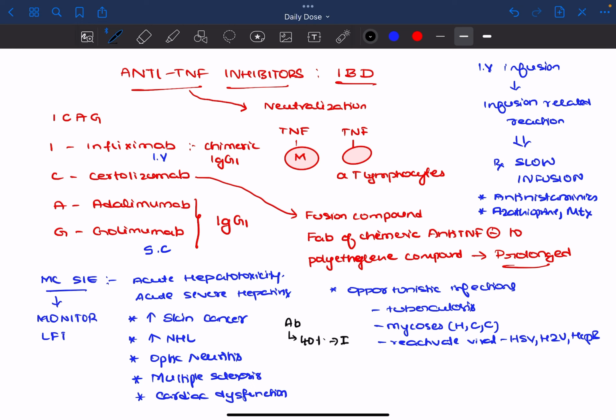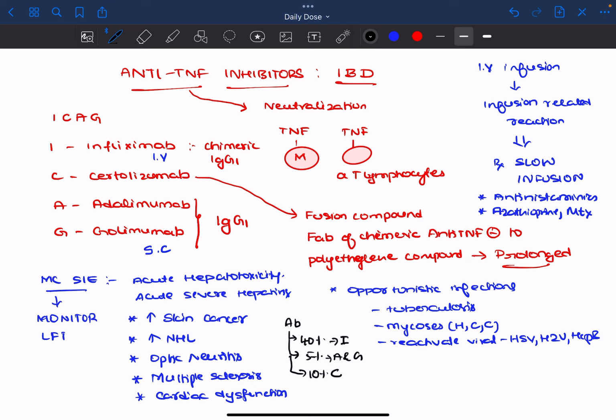But slow infusion can reduce the risk of development of antibodies against infliximab to 10%, whereas it is 5% with adalimumab and golimumab, and 10% with certolizumab. So this is the class on anti-TNF inhibitors.